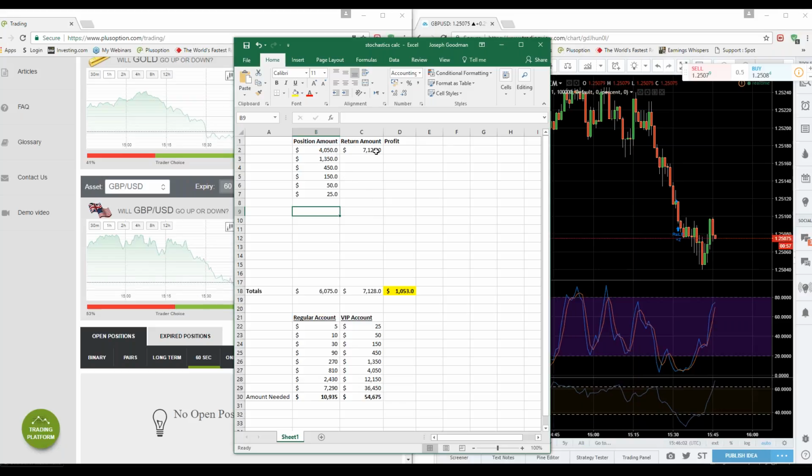Only the last trade brought us a return of 71.28. So in the end, we made just over $1,000 profit. $1,053 in profit in just 25 minutes. So that is exactly how to trade on our 60-second platform using the stochastics.